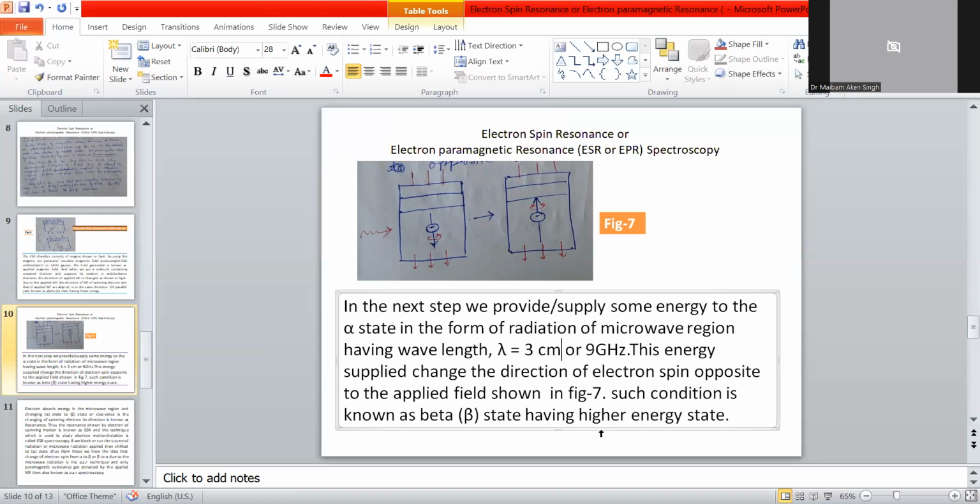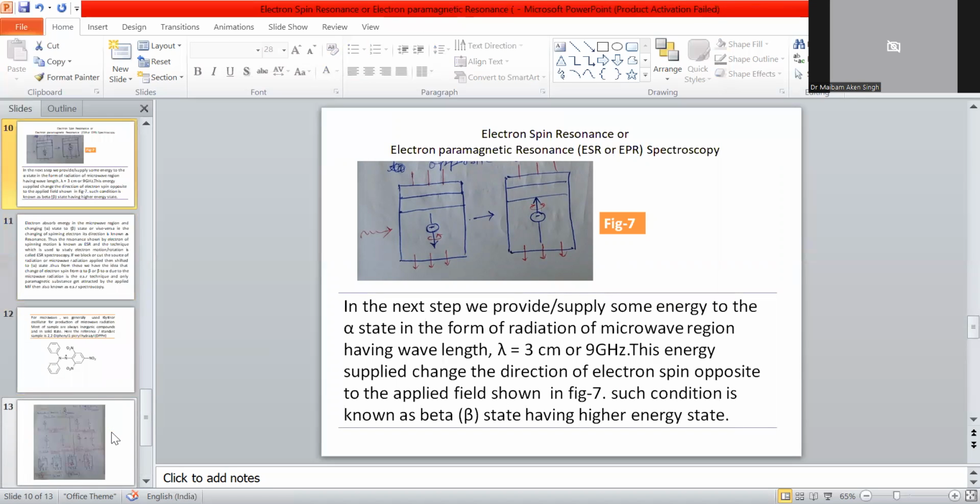That is alpha to beta or beta to alpha, depending on the direction present. Such a condition is known as the beta state or anti-parallel state. That is, the field direction of the magnetic field produced by the ESR chamber and that of the electron are in opposite directions. Such a condition is known as the anti-parallel or beta state, having the higher energy.